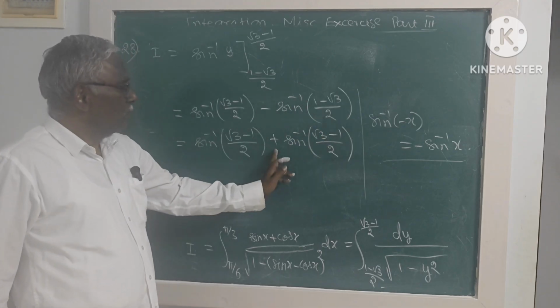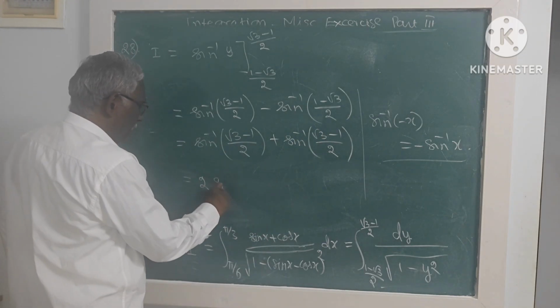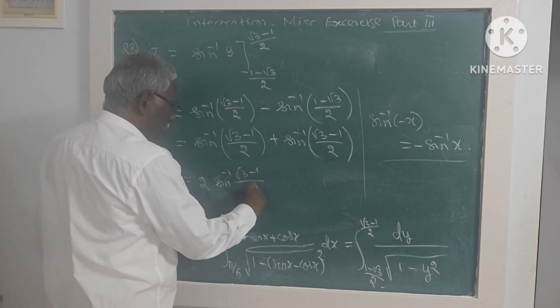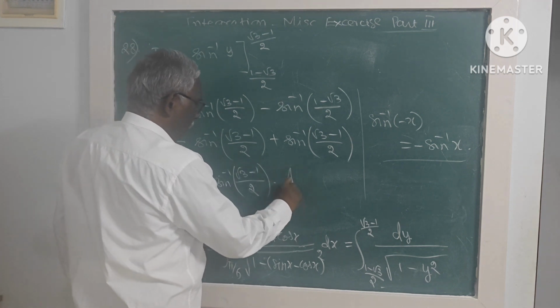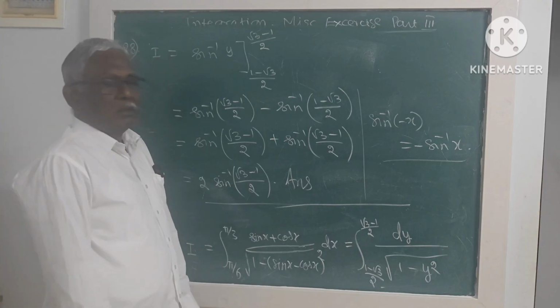That minus comes out and becomes plus. So this becomes 2 times sine inverse root 3 minus 1 by 2. So this is the answer.